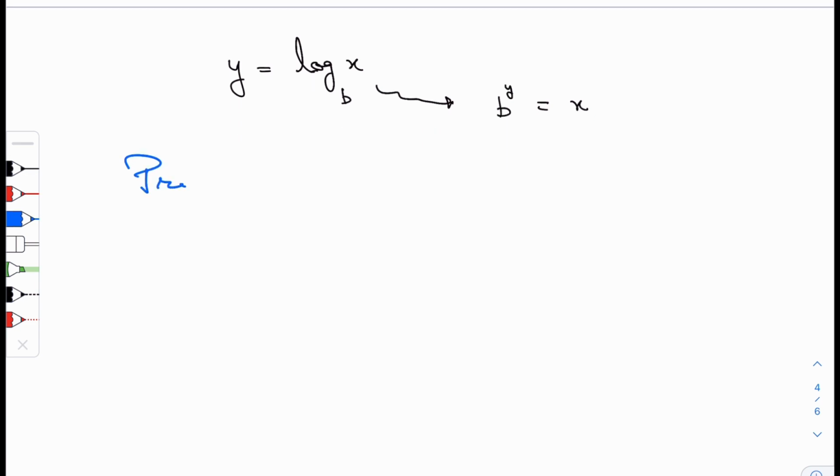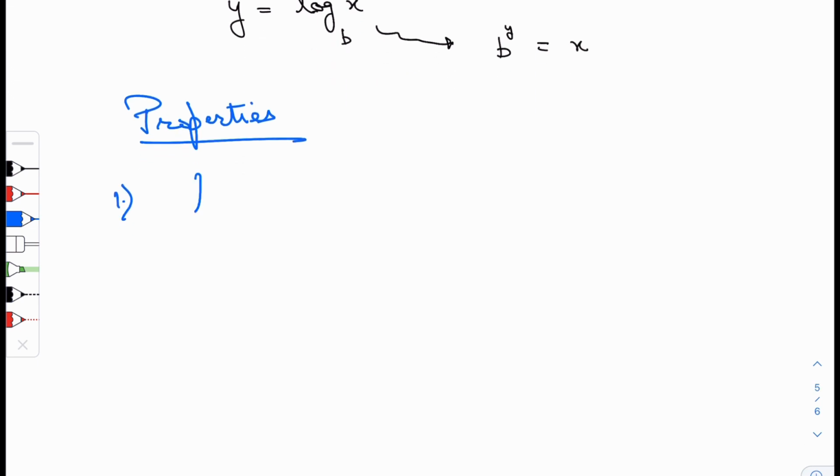So these are properties for logarithms. First thing that we need to put over here is that if I have a logarithm of base b, and we are talking about log of x to the power p with the base b, then this power p can come out. It can be put here.